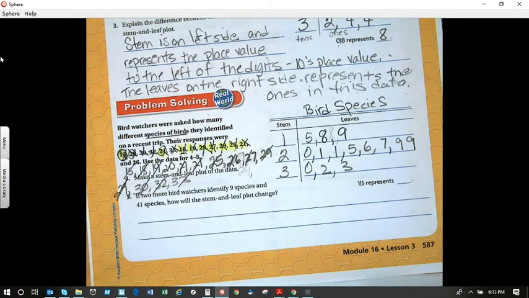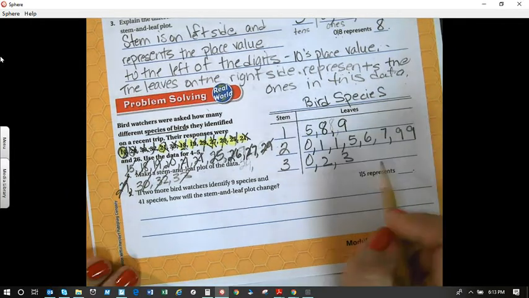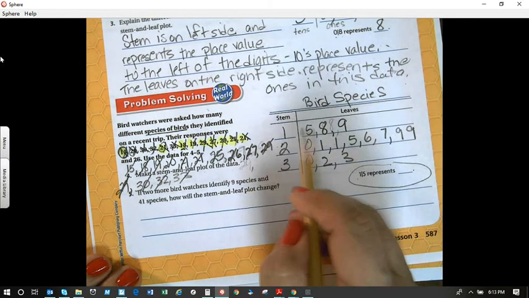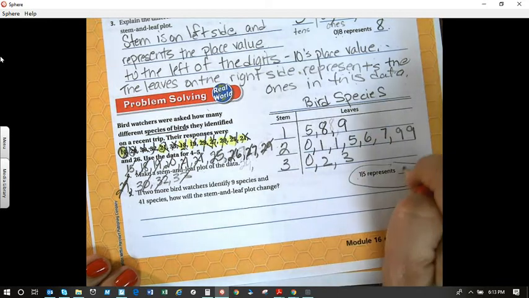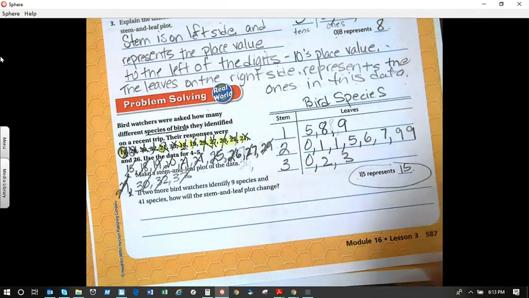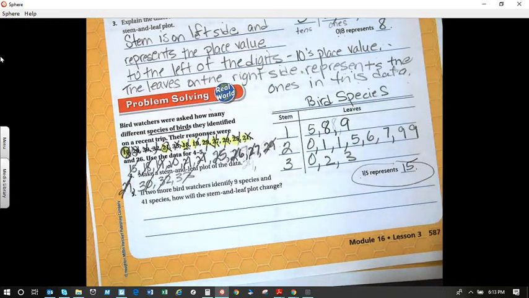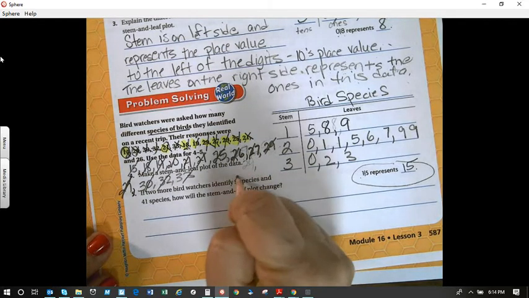Now let's look at this question. It says, if 2 more bird watchers identified 9 species and 41 species, how would the stem and leaf plot change? Look at right here: I don't want to skip this. This 1 and 5 represents 15. So I have 9 and 41 that are going to be added.